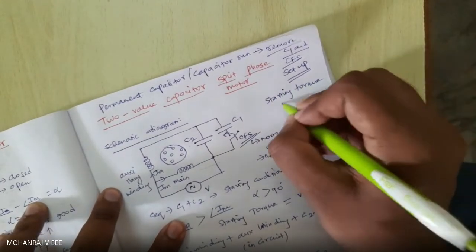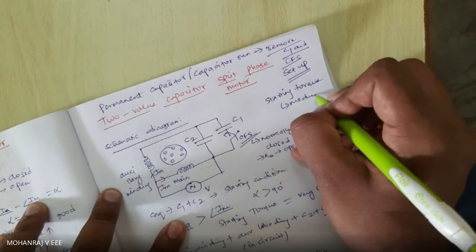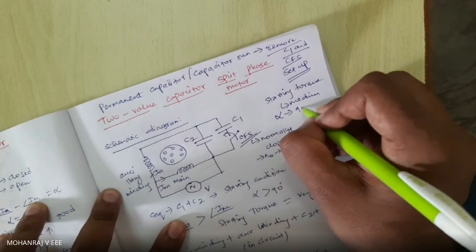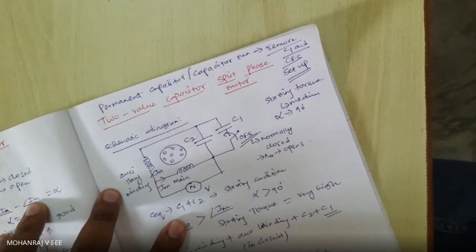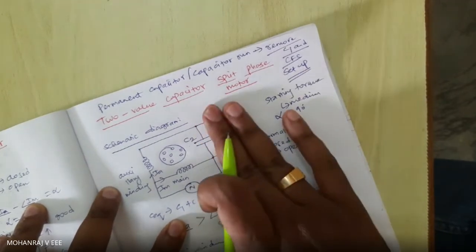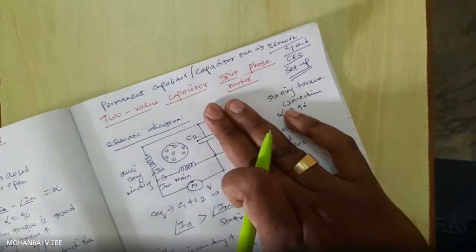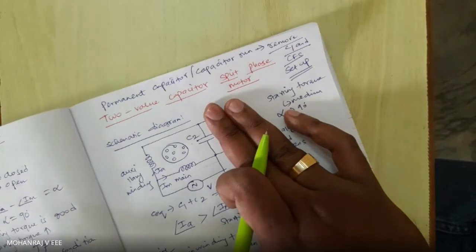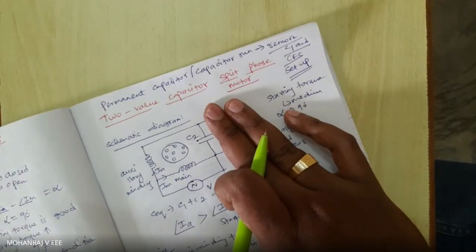The angle difference between IM and IA becomes 90 degree. It's not greater than 90 degree. It is reliable as well. Why is it reliable? We don't have CFS, so it becomes reliable, and it is low cost when compared to two value capacitor split phase motor.